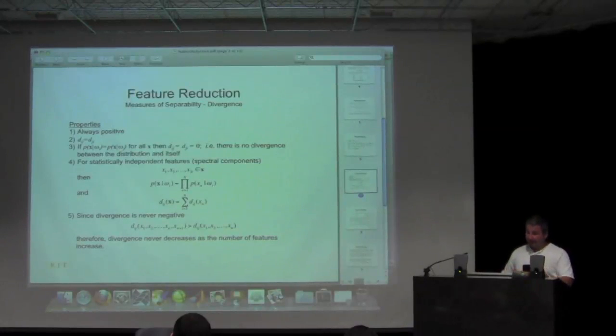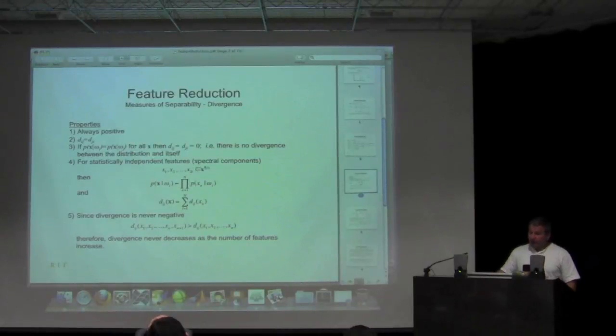If you plugged in the case where p of x given omega i equals p of x given omega j for all digital counts, then the divergence would come out to be 0. Which is good. It's a good feature to have here.